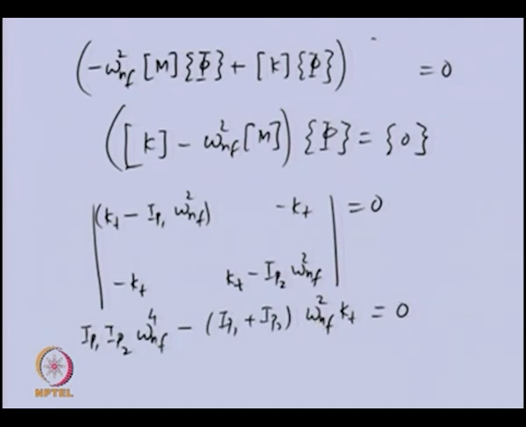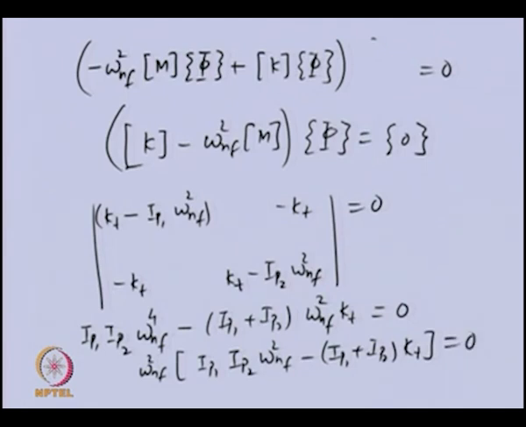If we take that out, we will be having omega NF square times IP1 IP2 omega NF square minus IP1 plus IP2 KT, is equal to 0. So, from this last equation it is clear that one of the natural frequencies is 0, and the term within the bracket also we need to equate to 0 independently. So, from there we will get another natural frequency.